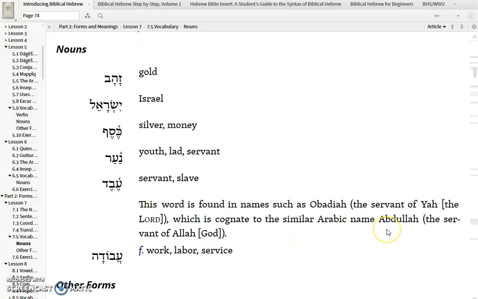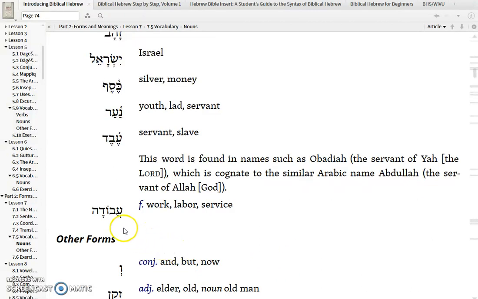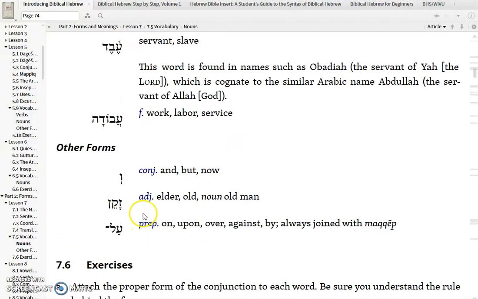Related also is the Arabic word Abdullah. Abd is servant, related to eved in Hebrew, and the ullah at the end is a form of Allah, and so Abdullah means servant of Allah. And then another related cognate is avodah, which is work or labor or service. And then we've introduced the conjunction v, which means and or but or occasionally now.